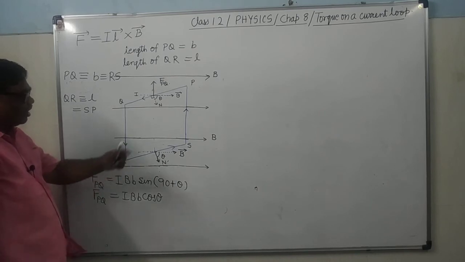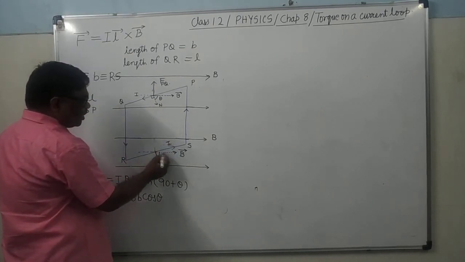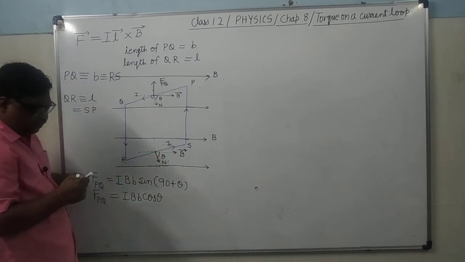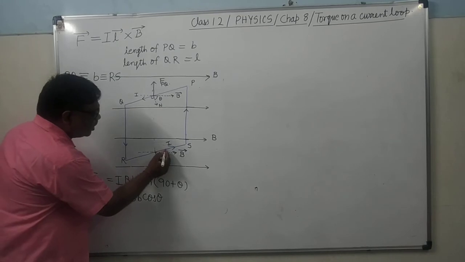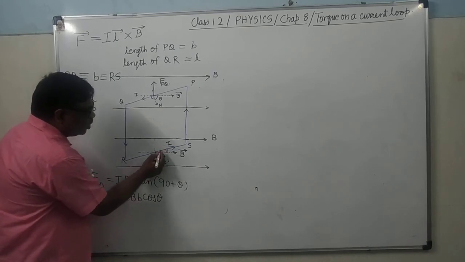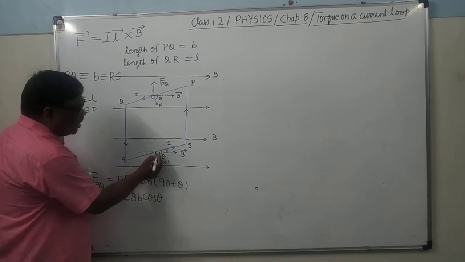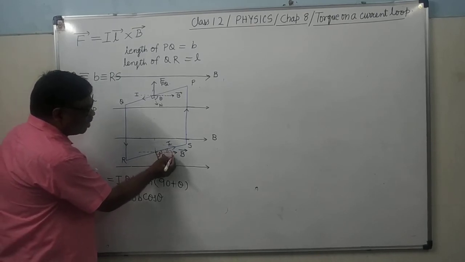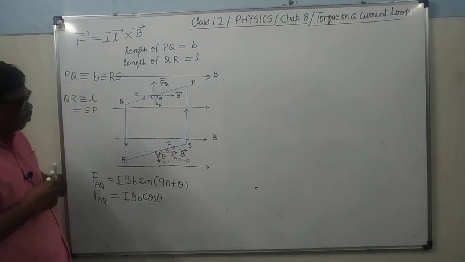Now what will be on the segment RS? Here you can see current is this, magnetic field is this. Angle between current and magnetic field will be equal to this angle. How will you find? As you know that this whole angle is 90, and in this much is theta, so this angle will become 90 minus theta. So what will be the force here?